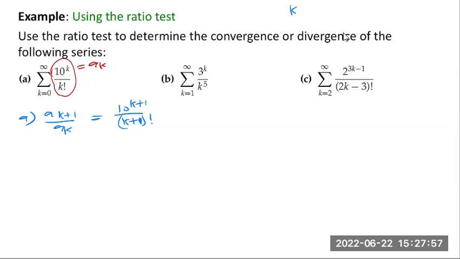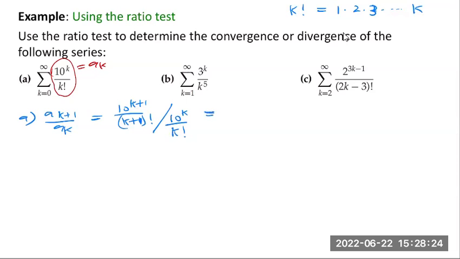Notice that the factorial of k is 1 times 2 times 3, all the way up to k, the product of these numbers. All right, with that in mind, what is my denominator? This is divided by a_k. a_k is, of course, 10 to the power k divided by k factorial.